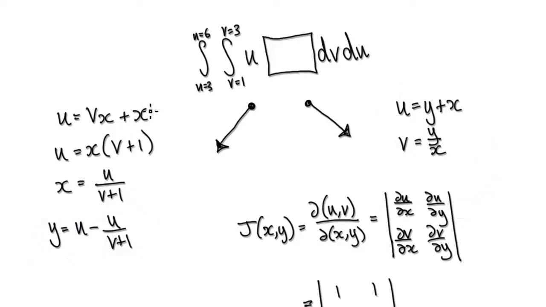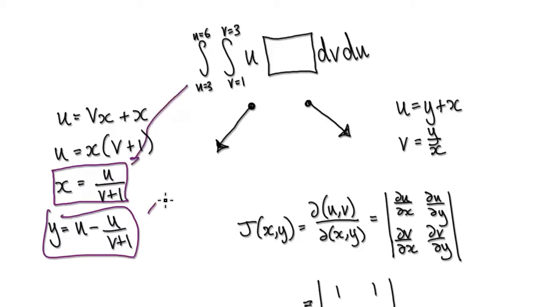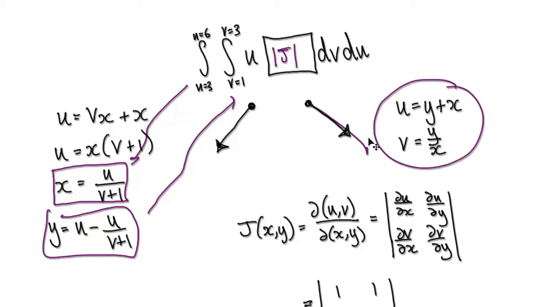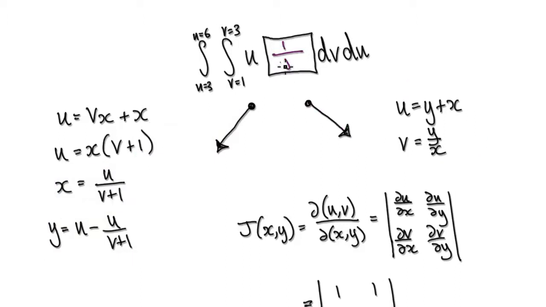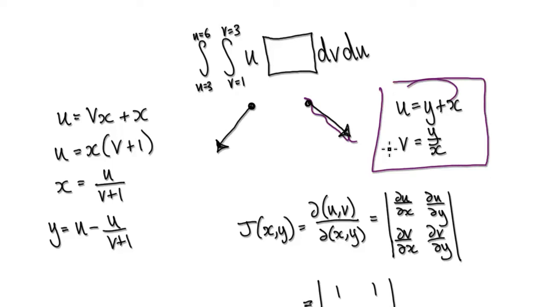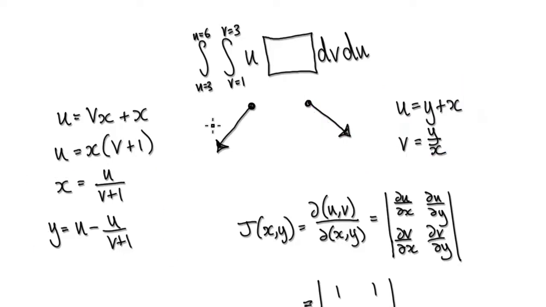You can use the other method if you want, working all in terms of x and y. If you use this method, then you put the absolute value of the Jacobian into here. But if you use the other method, then you have to put 1 over the absolute value of the Jacobian. So just bear that in mind. In this case, it's easier to use this rather than having to partially differentiate these two. So we are not going to use that method; we are going to use this method.